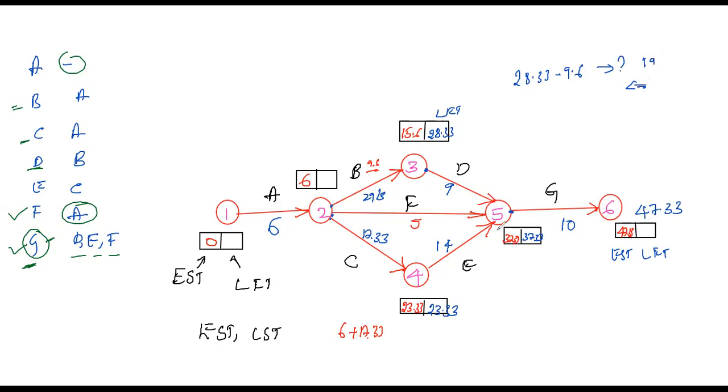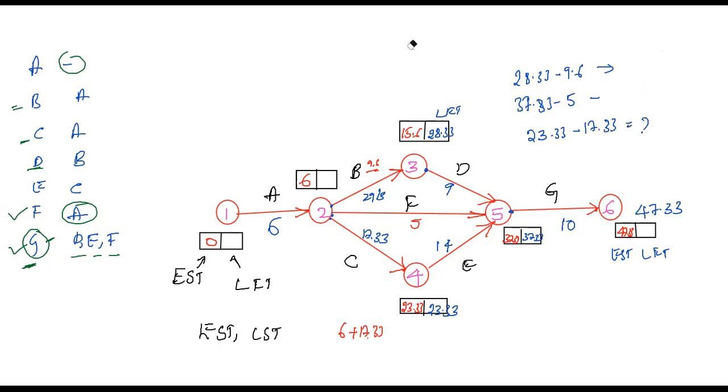Okay, so next one more is 37.33 minus 5. And one more is 23.33 minus 17.33. So you need to calculate all these values.